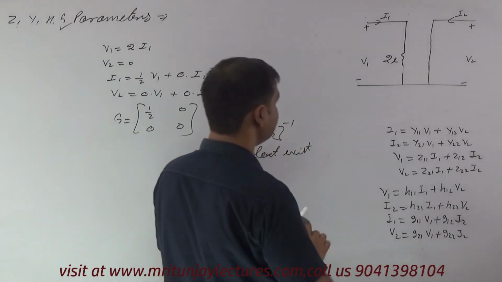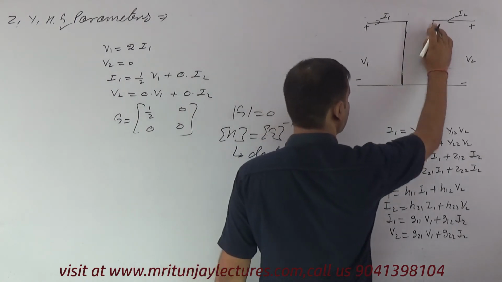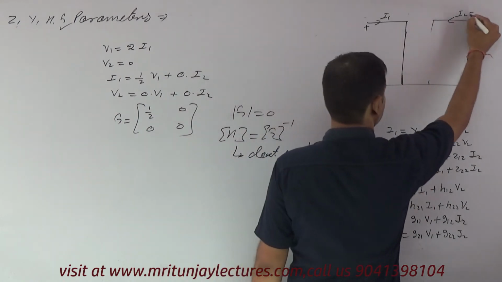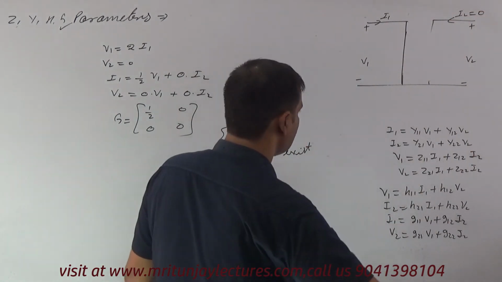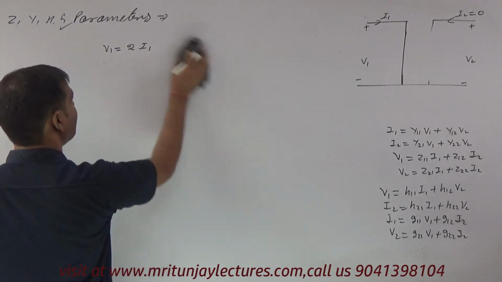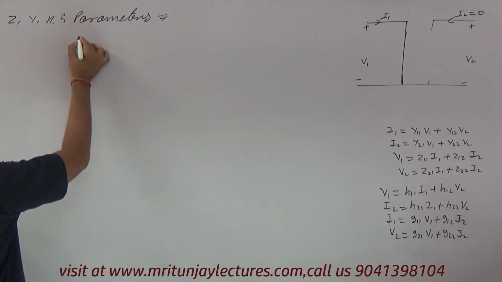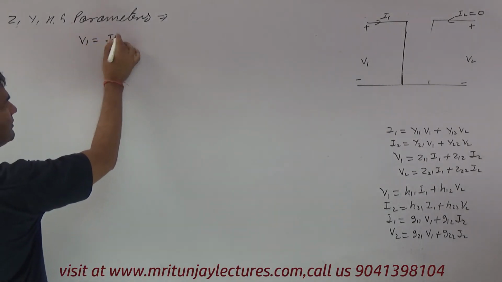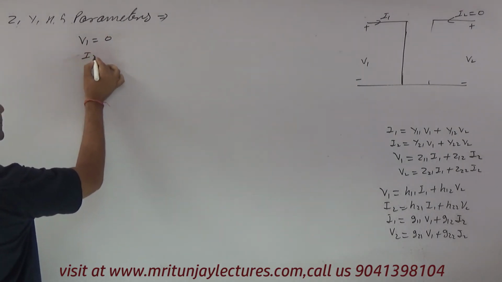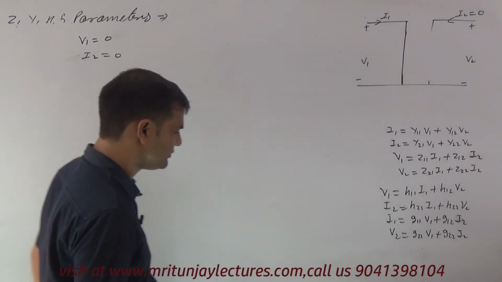Now if we make it corresponding to this one, that is V1 and V2, I2 is equal to 0. Now how can we determine the other parameters? I1 is equal to, V1 is equal to 0 and I2 is equal to 0.